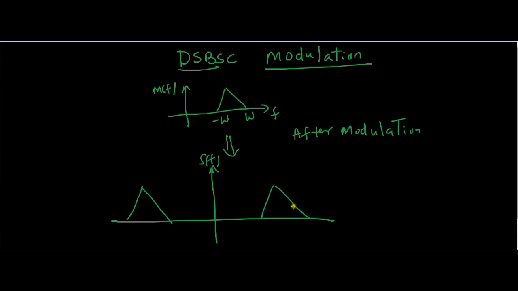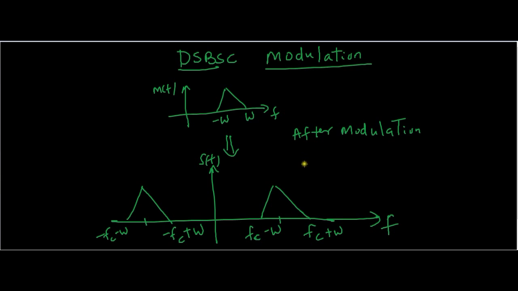Say S of f, and this is fc plus W and fc minus W, and this is minus fc plus W and minus fc minus W. This is fc. This is all the f domain. As you can see, in DSBSC modulation there is just a message signal and there is no carrier. So we have optimized the power.